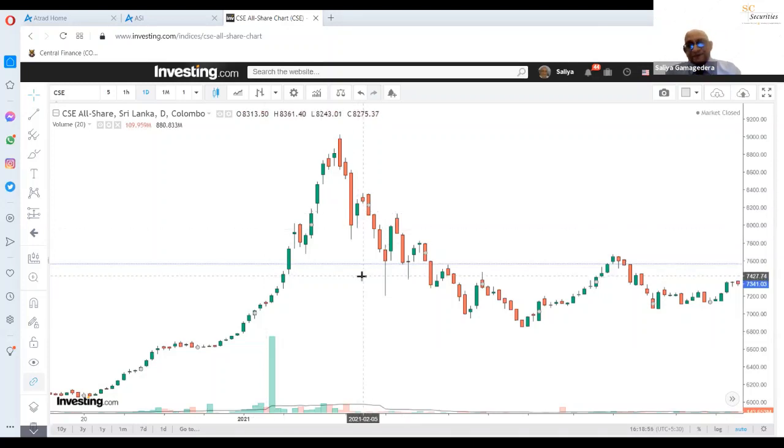We will be discussing, more elaborately with examples, how resistance and support perform, because that's very important for us to master if we are really interested in learning technical analysis and using it for our decisions of buying and selling.